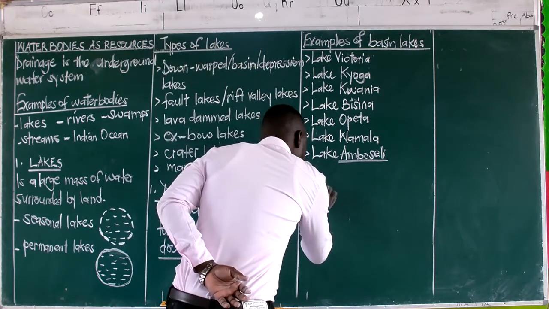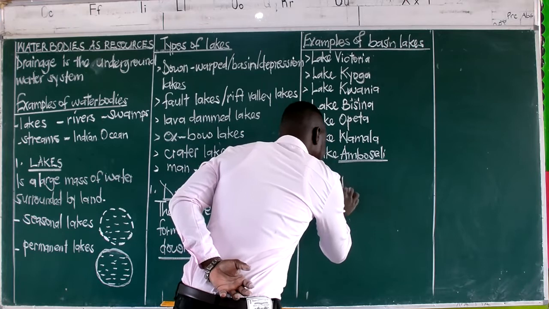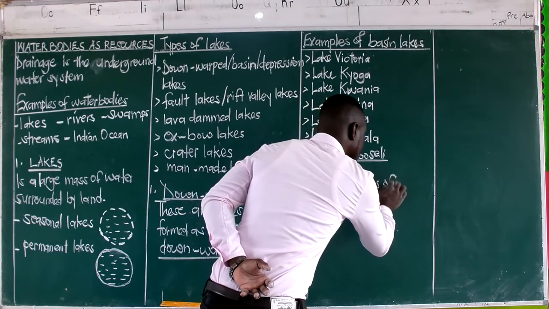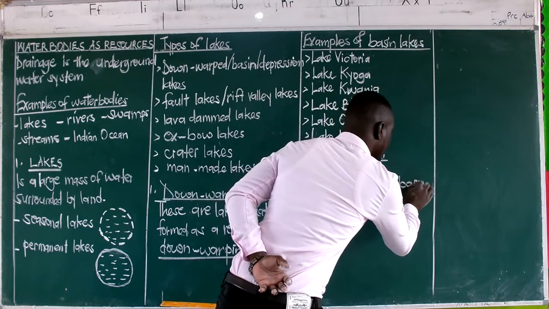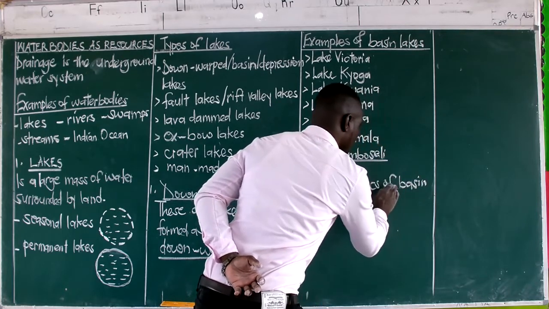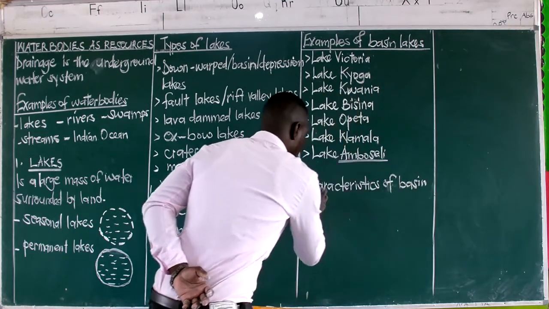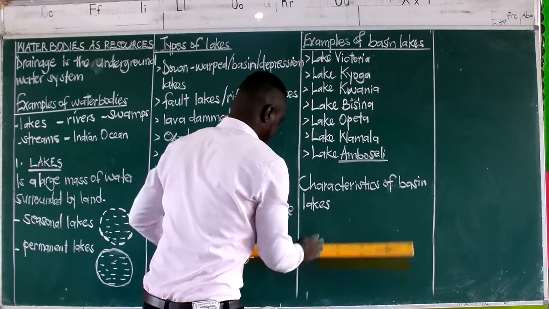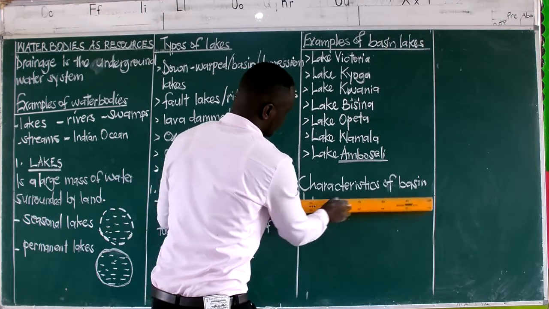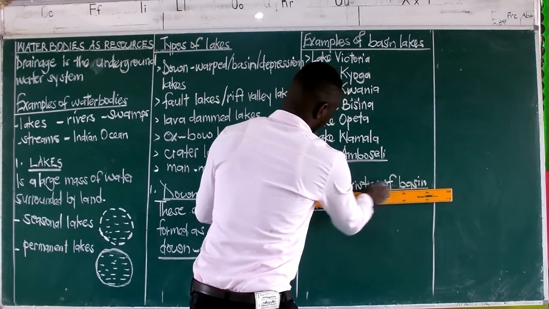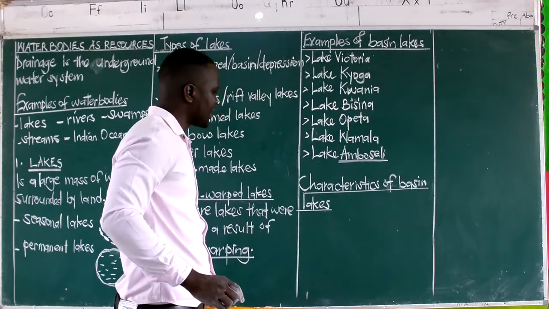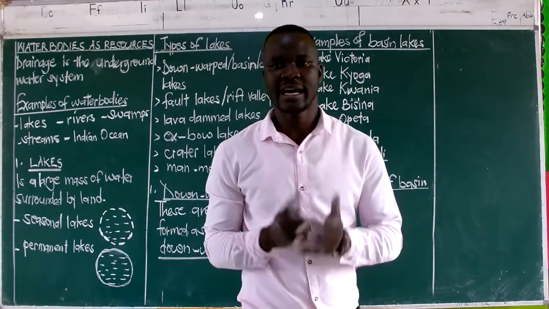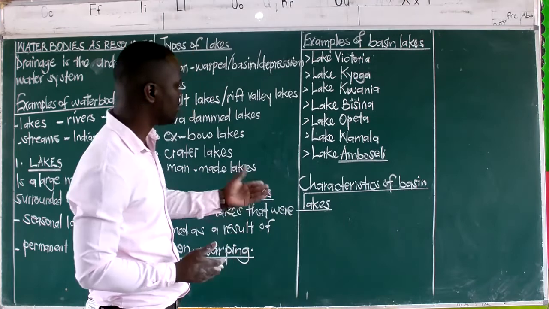Let us go and talk about what is seen in these lakes. We have the characteristics of downwarped lakes, characteristics of depression lakes.